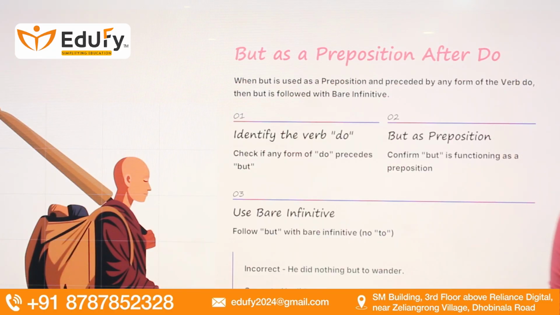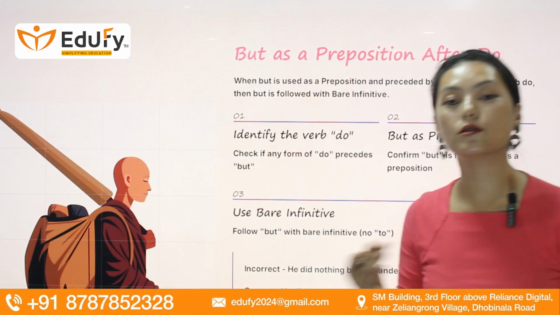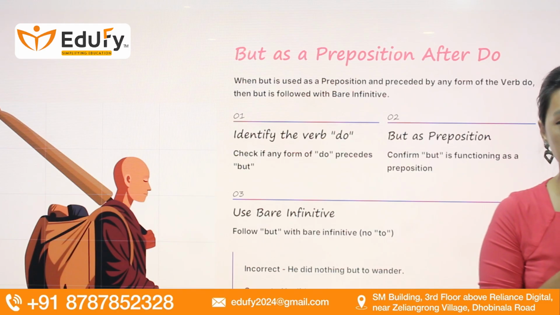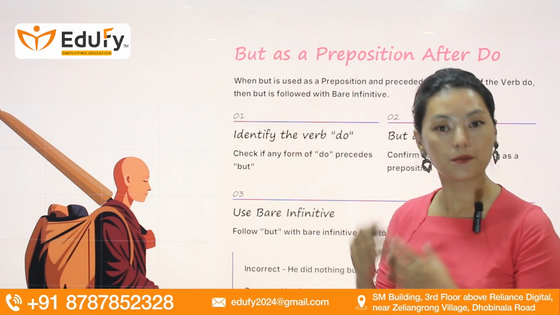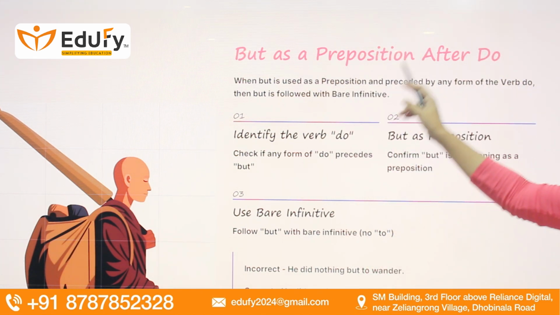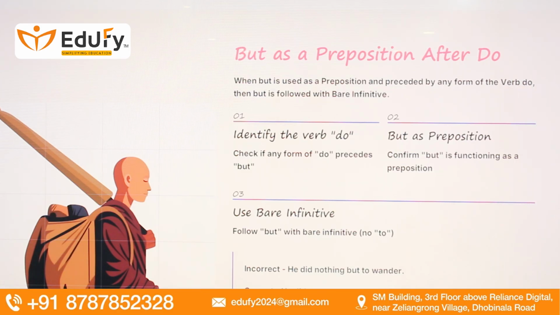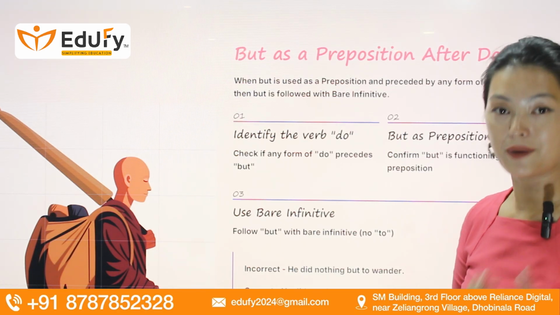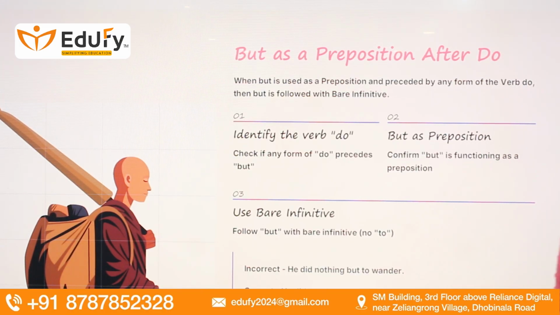Now, we also have a certain word called but, which can sometimes function as a conjunction, but it is also sometimes functioning as a preposition. So when the word but functions as a preposition, after the word do, we always again use the bare infinitive. We don't use infinitives in any type of sentence. So two things you have to remember.